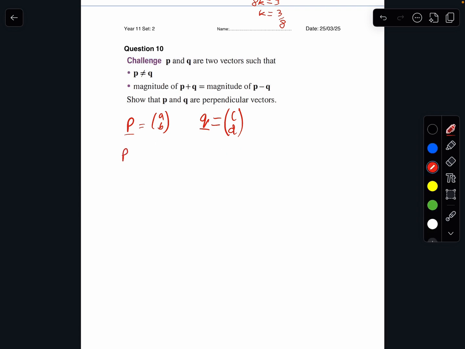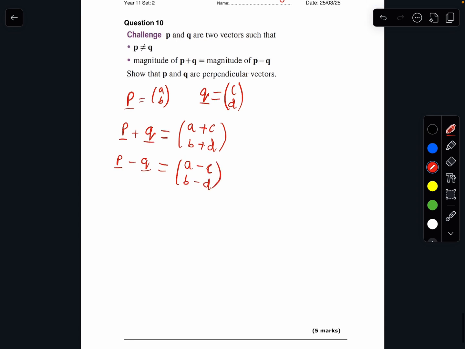So let's do P plus Q. That's equal to A plus C over B plus D. P minus Q is equal to A minus C over B minus D. Now, when I am finding the magnitude, if I want to find the magnitude of P plus Q, that is going to be the same as the square root of the top squared, A plus C squared, plus B plus D squared.